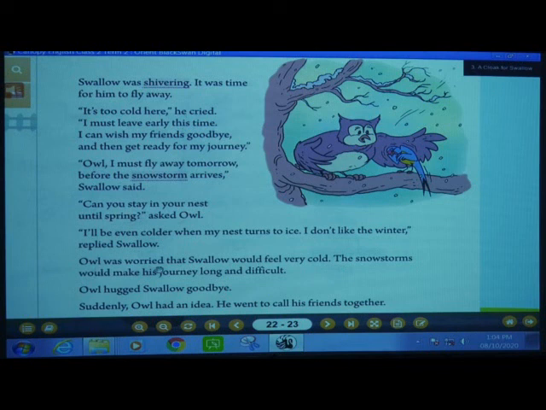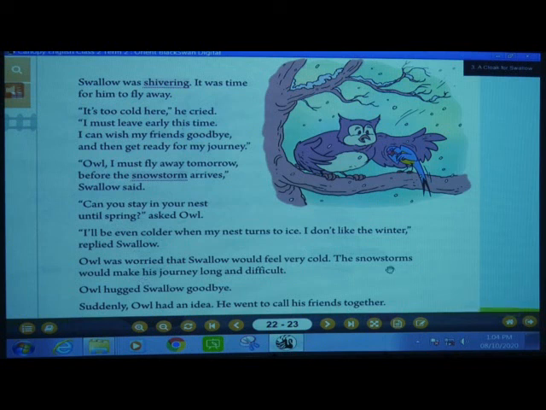Owl was worried that swallow would feel very cold. So now as owl was a friend of swallow, so what? Owl was worried. The snowstorms would make his journey long and difficult.